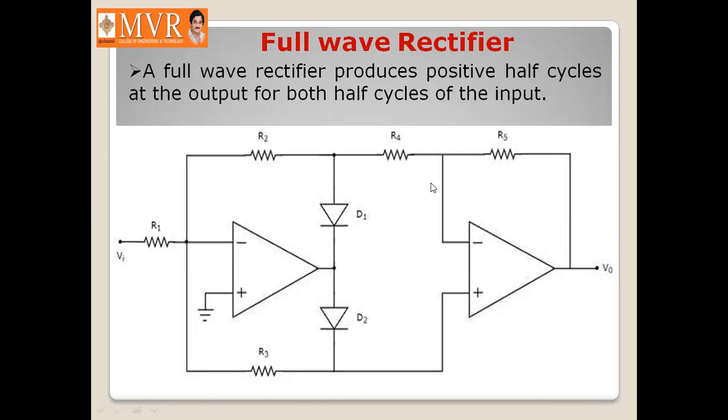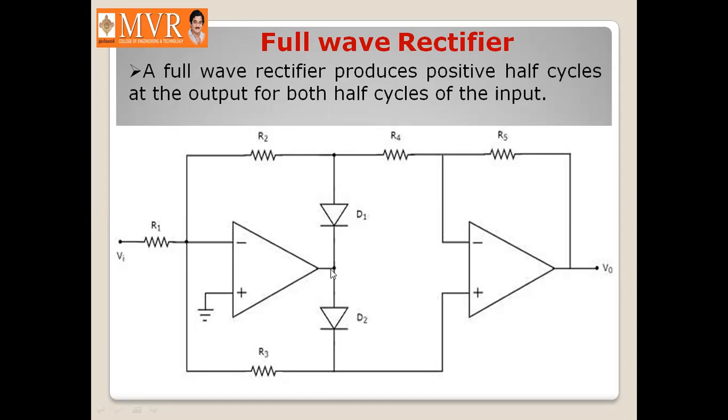So this second op amp is going to act as an inverting amplifier with the input resistor as R4 and feedback resistor as R5. Here the input is applied through diode D1.